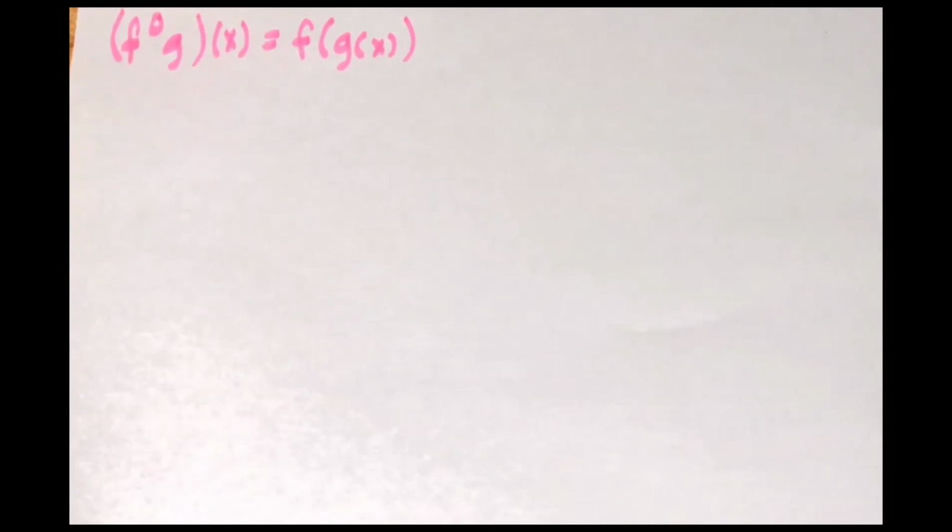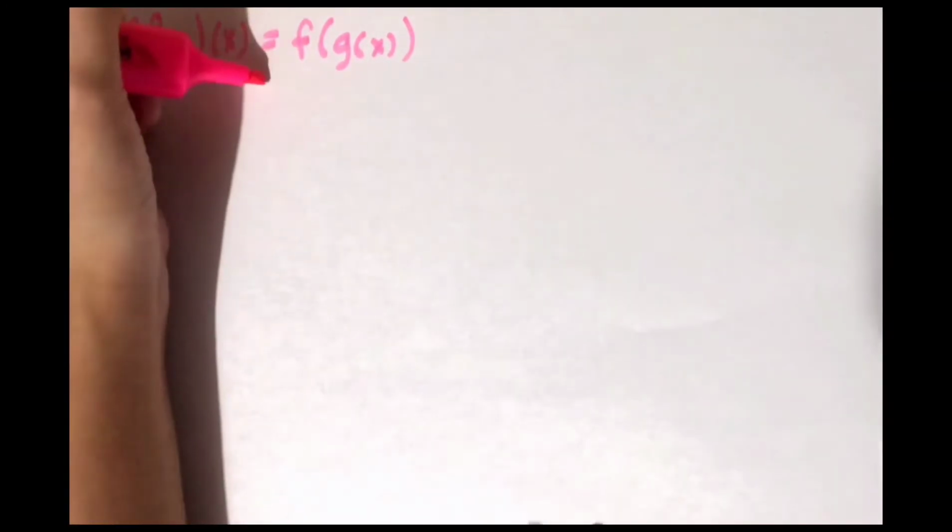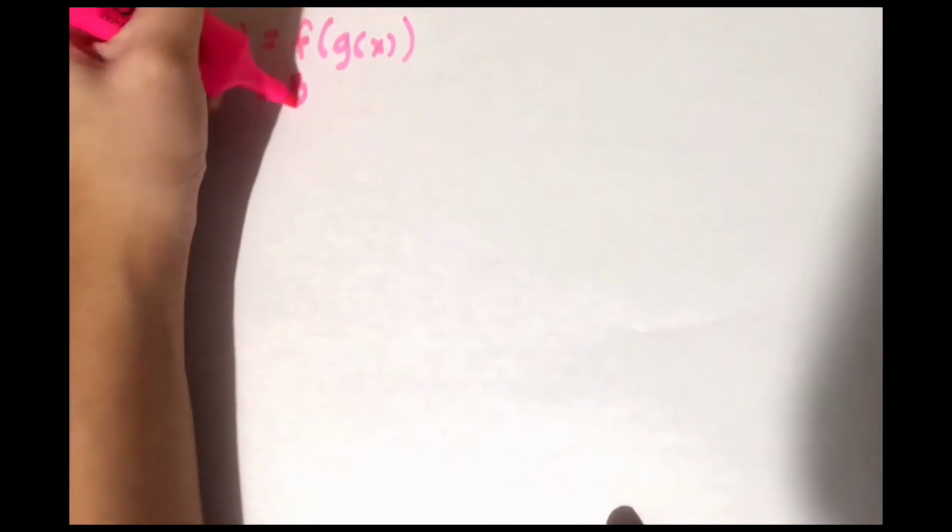Substitute x with x squared plus 5 in the function f of x is equal to 3x plus 7. We will have 3 times the quantity x squared plus 5, plus 7.